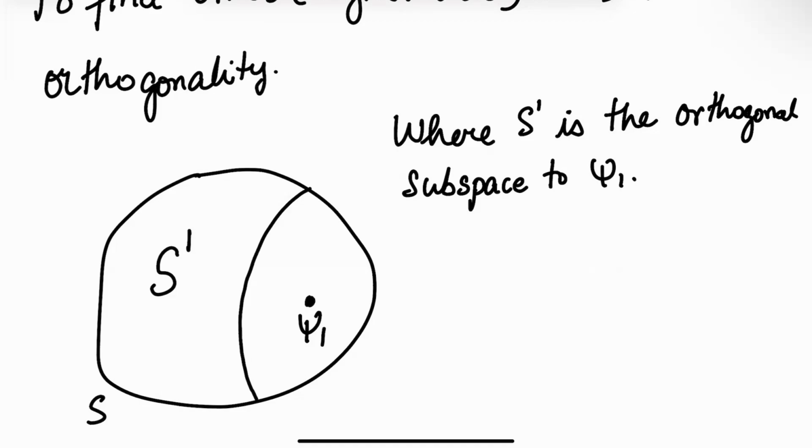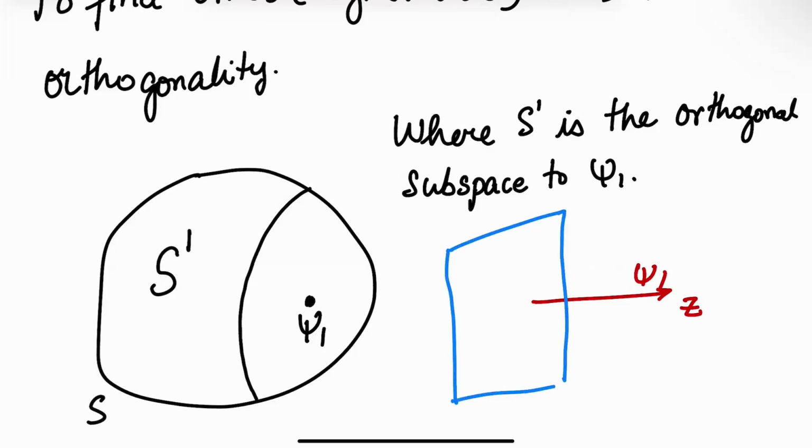So given that, let's say I'm on the Cartesian coordinate system, if psi1 is along Z, then the orthogonal subspace to psi1 or to Z is the xy plane. Right? Because I know all the other solutions or all the other modes have to lie in this plane because they all have to be orthogonal to psi1.